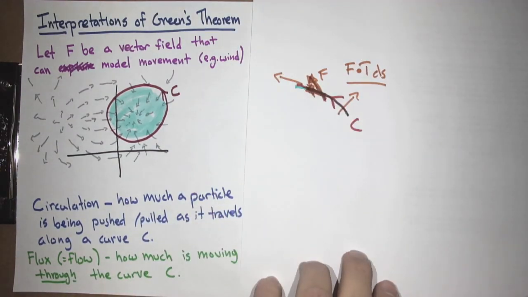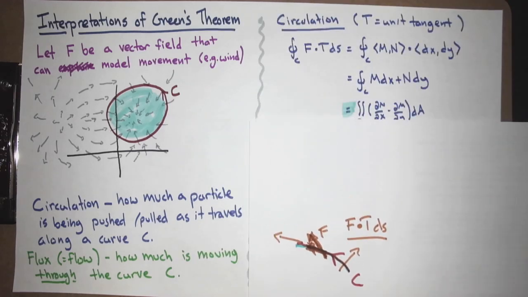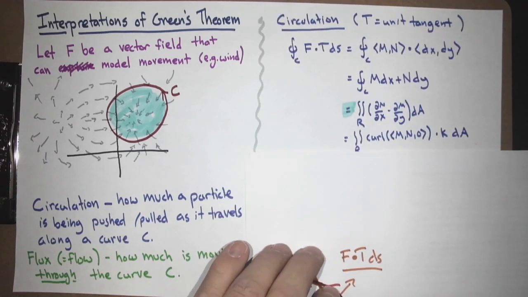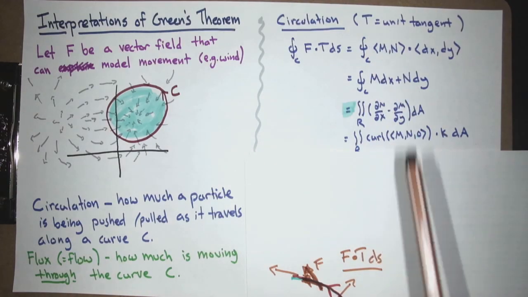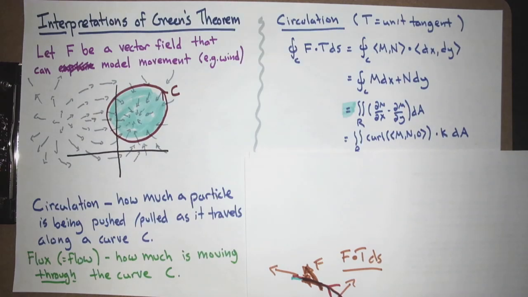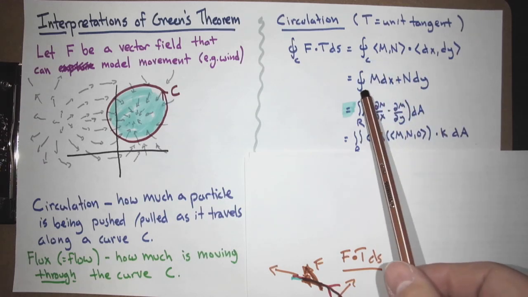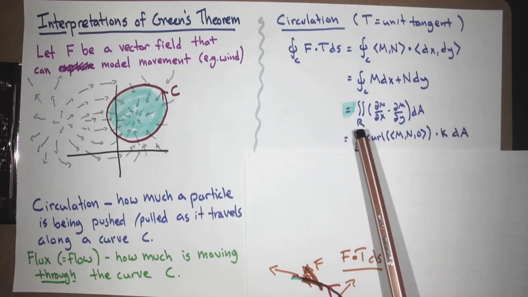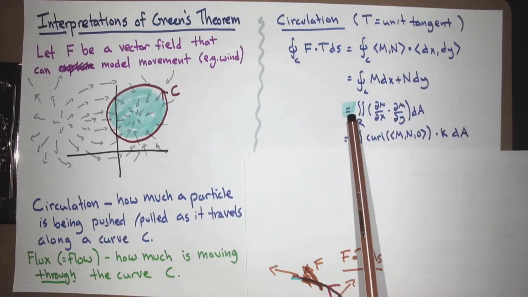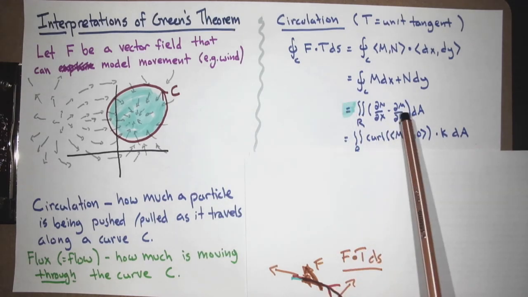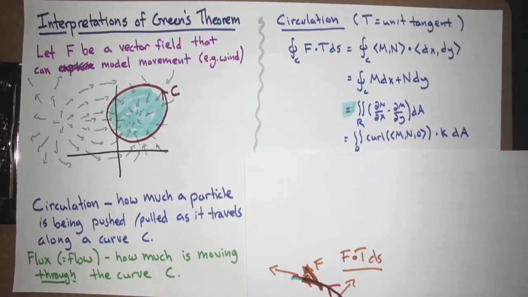Okay, so what's the punchline? If we want to do circulation, then we're going to look at the tangent vector, so it's this F dot T. That's the standard integral we've been talking about, M dx plus N dy, which by Green's theorem equals the double integral of partial N partial x minus partial M partial y dA.